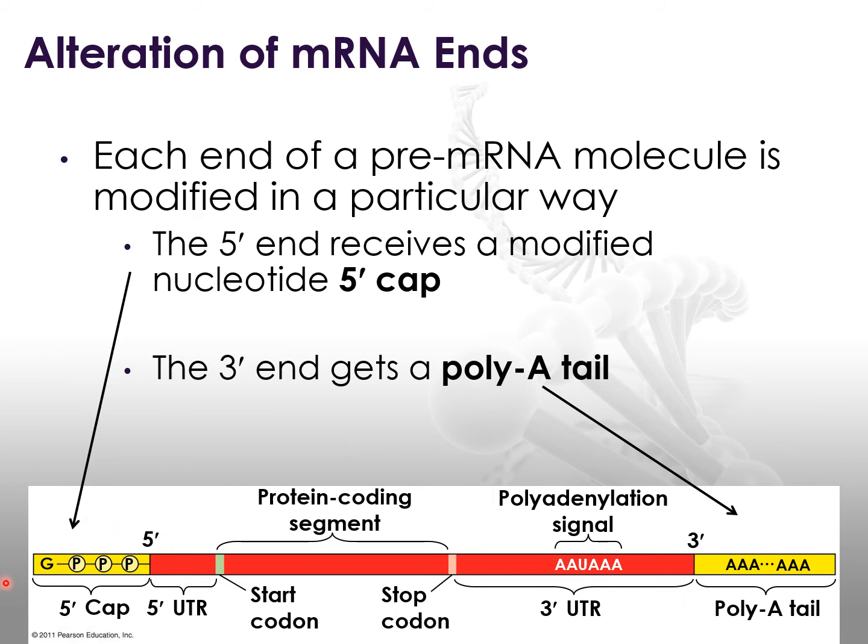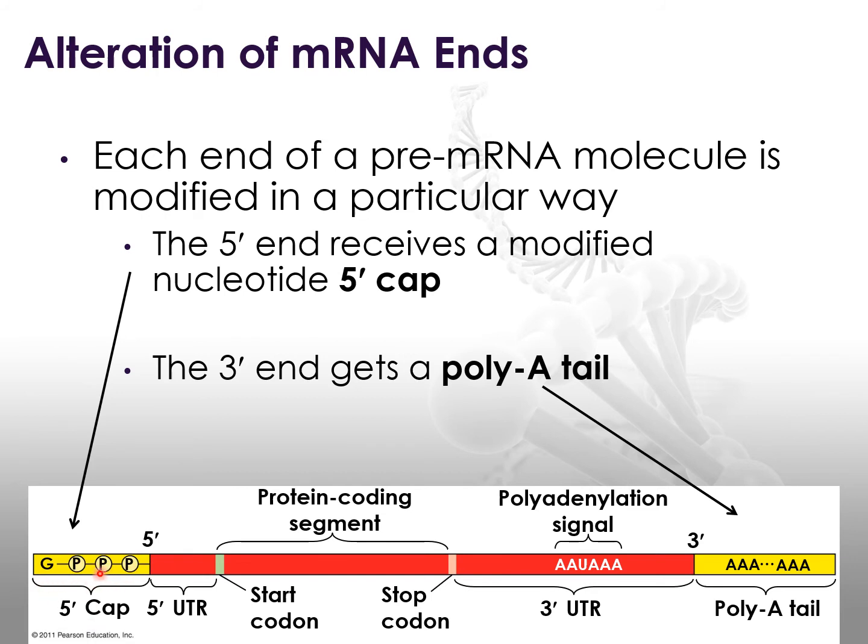First, the 5' end. You can see at the 5' end of this pre-messenger RNA, there is a 5' cap that's added. So look, it's a G, but with 3 phosphates attached to it. These phosphates are not removed when the guanine is added to that 5' end. And you can see that they're basically inverted.